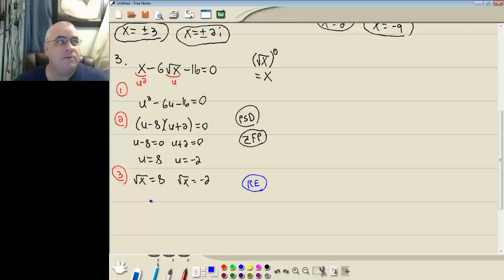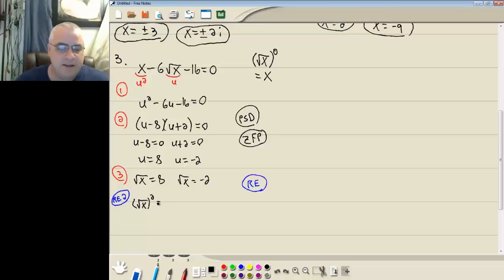Our first step for radical equations says get a radical by itself. Well, that's done. Our second step says to raise both sides to a power equal to the index. The index is the number in this little slot. There is no number there, so it's by default 2. So we're going to square both sides.